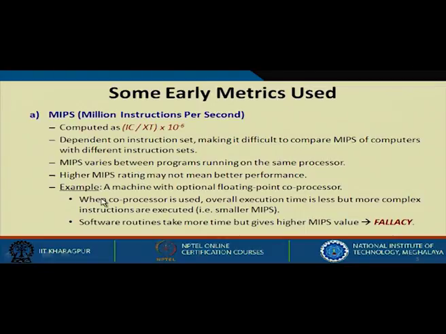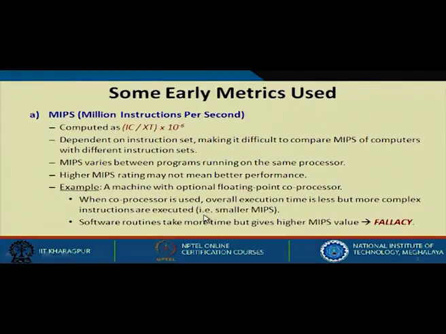So, we cannot say that if the MIPS rating is high, it performs much better. Let us take an example, a machine with an optional floating point coprocessor. When the coprocessor is used, overall execution time will be less, because the task can be performed in a much faster fashion.